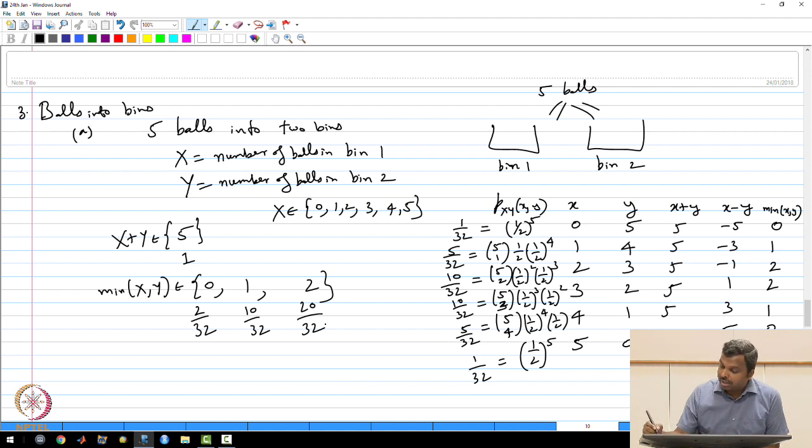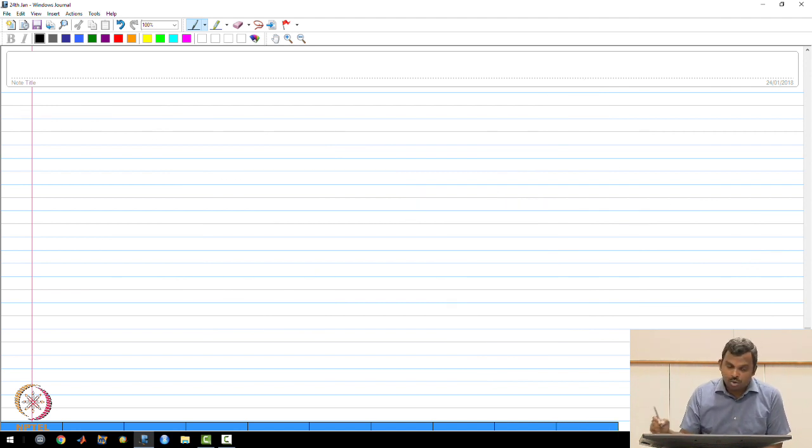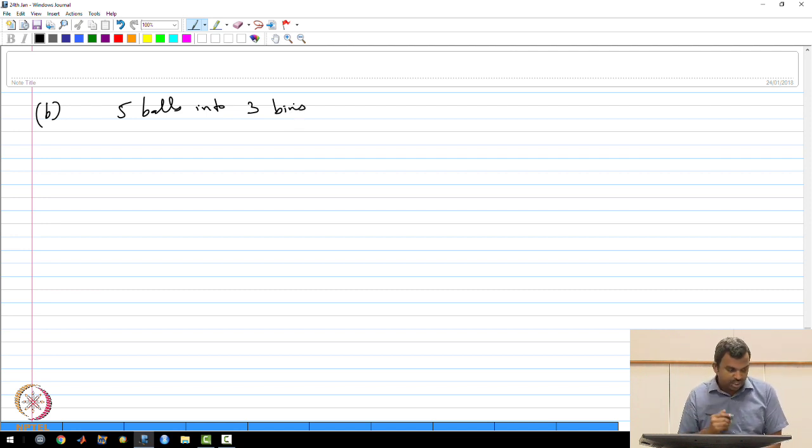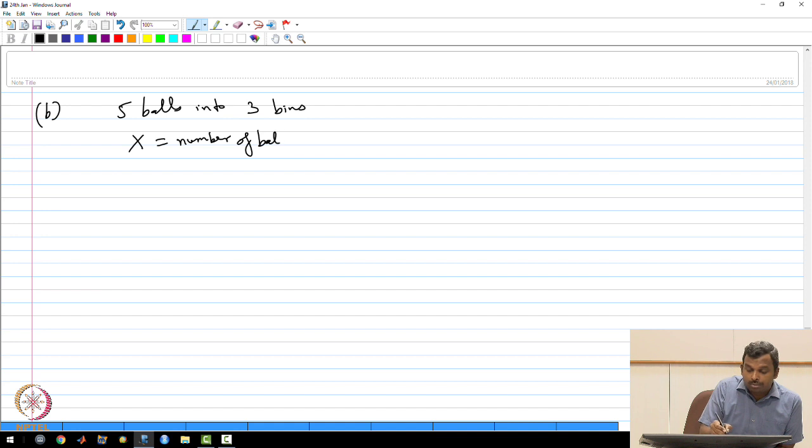Okay, so the next example I'm going to see is going to be slightly different from the previous one. So I will look at 5 balls into 3 bins. The third bin is the additional thing that happened here, but I'll let x and y be the same thing again. x is the number of balls in bin 1, and y is the number of balls in bin 2.